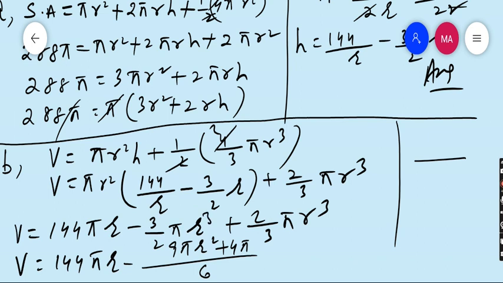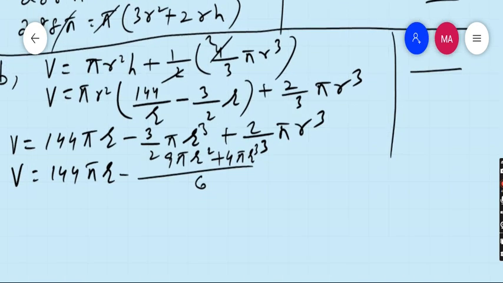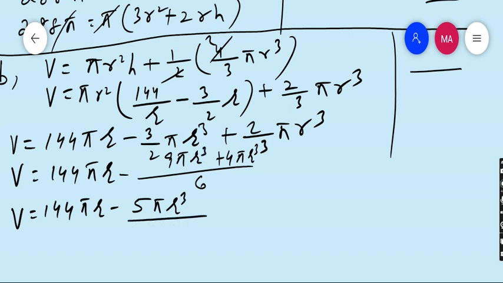Okay, so 9πr³ plus 4πr³. Therefore V is equal to 144πr minus 9 plus 4 is minus 5π, again I forgot, this is r³ upon 6.